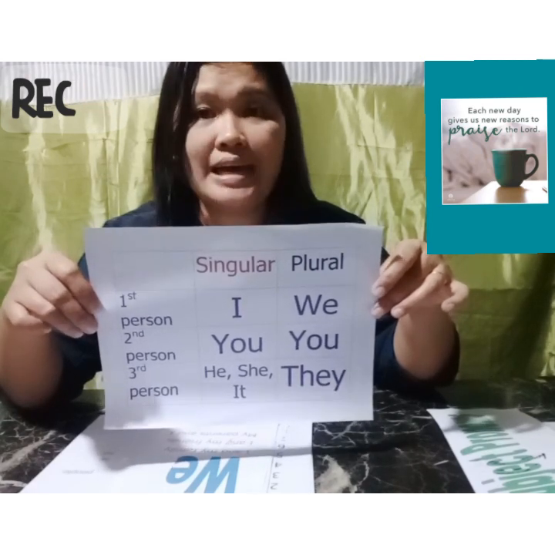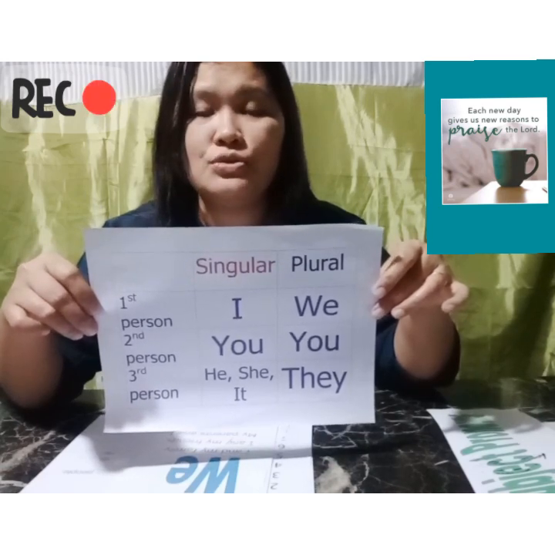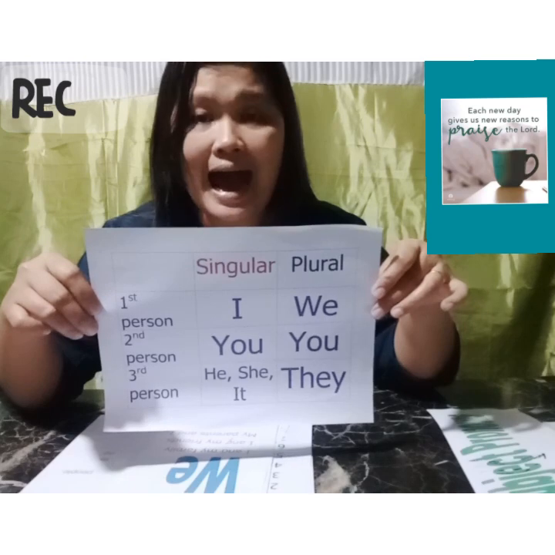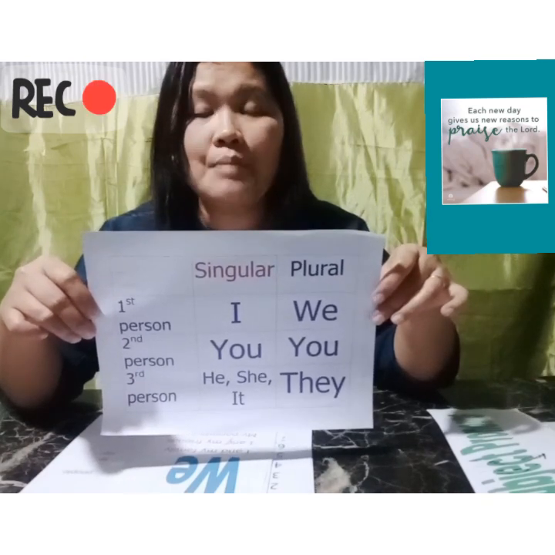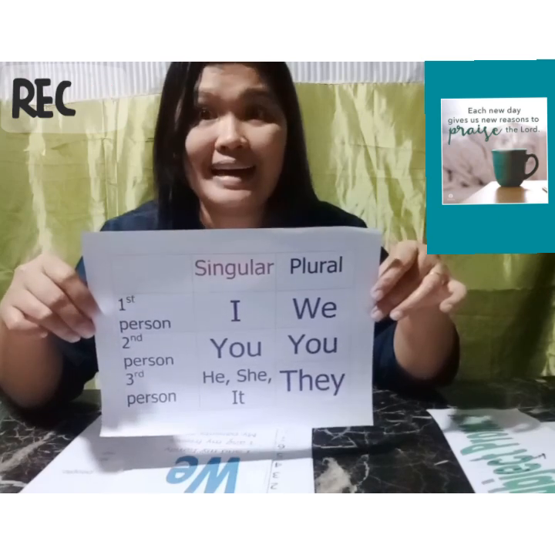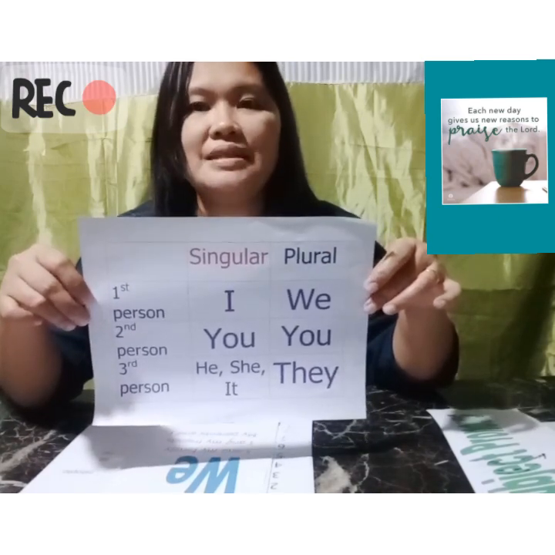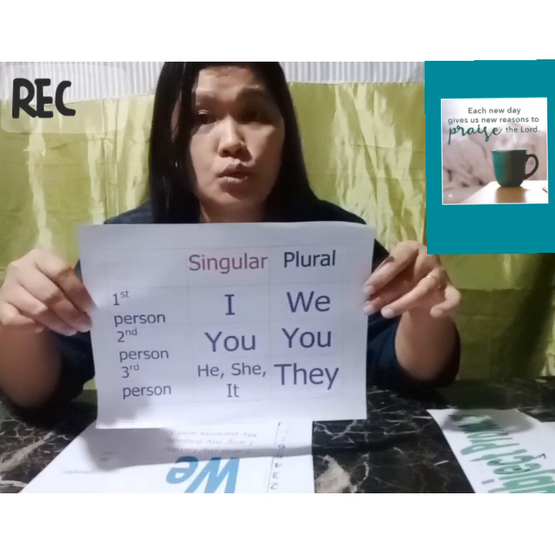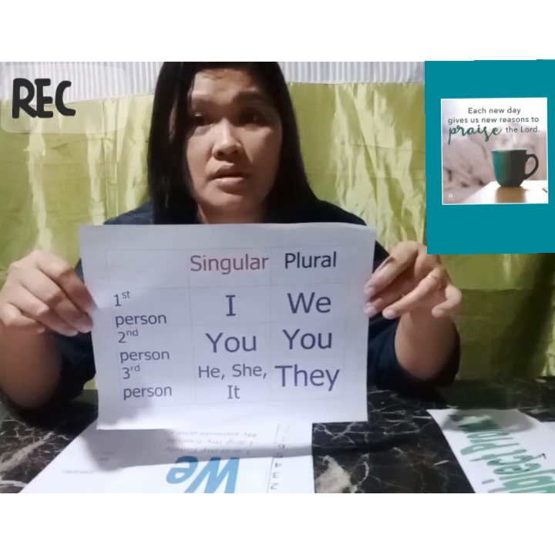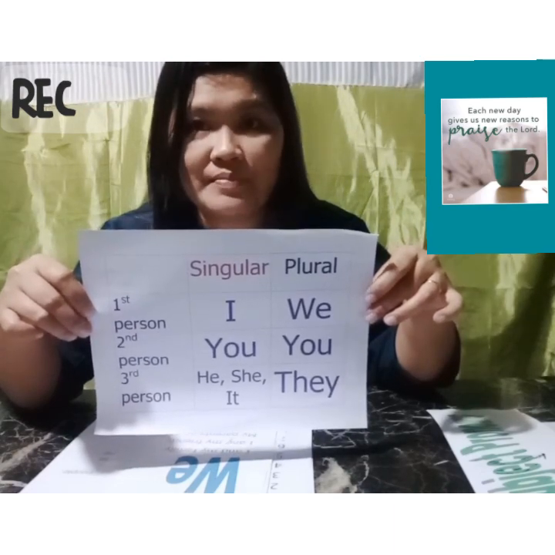Just like when you say something about yourself, you use I. You say, "I am a teacher. I am a pupil. I am listening." And the plural form is we, which includes the speaker and his or her companions.